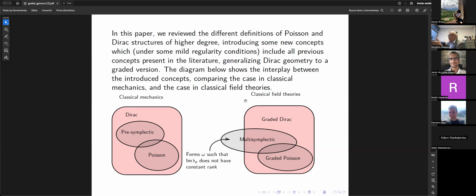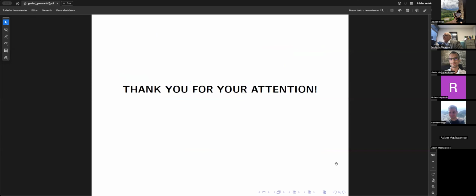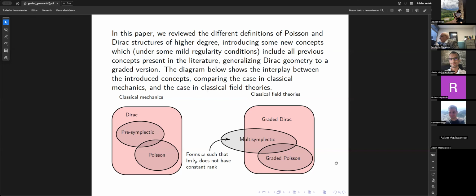One question. In classical mechanics, you will also have Jacobi structures, with and without Dirac structures. Well, this is our multi-Jacobi. This is our plan for the next months, just to extend all these things to the case of multi-contact.